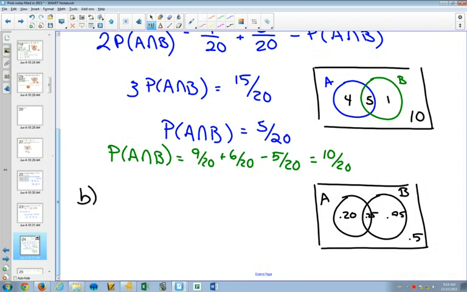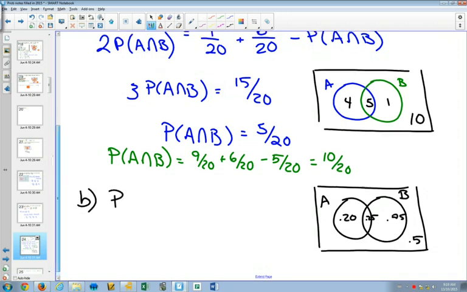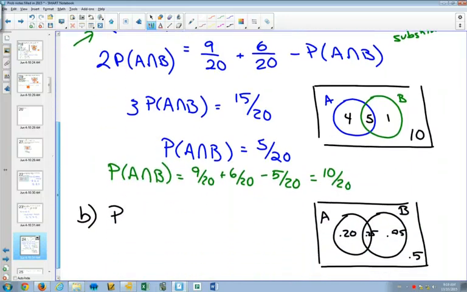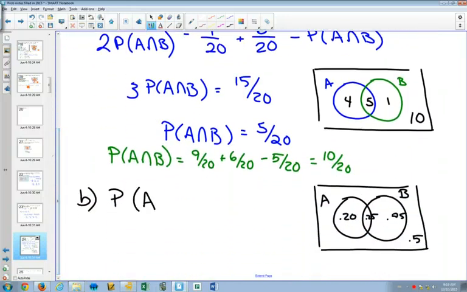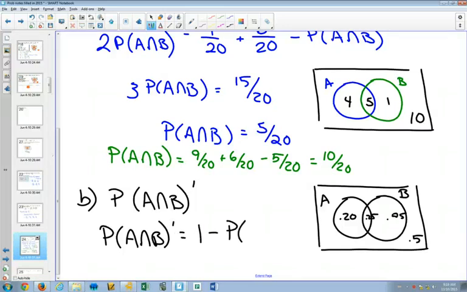Now, for part B, we're asked to find the probability of not A and B. Well, anytime you're trying to figure out a complement, it's going to equal everything minus the probability of that.